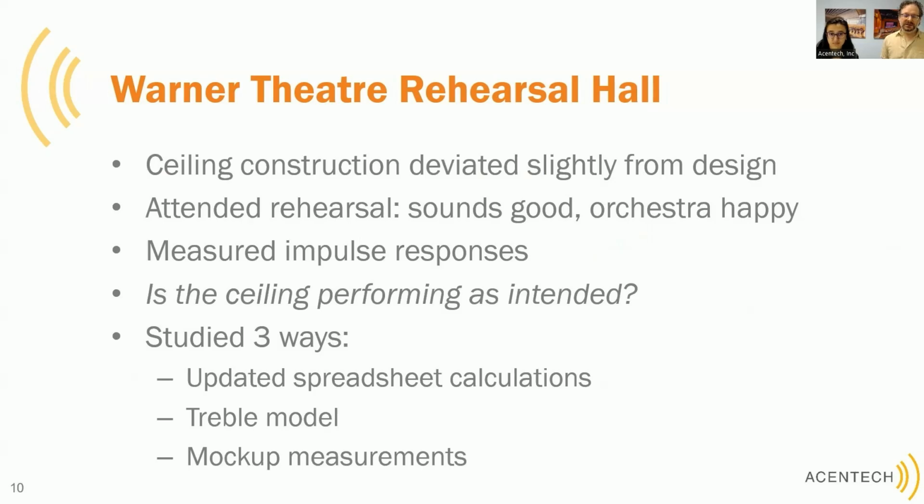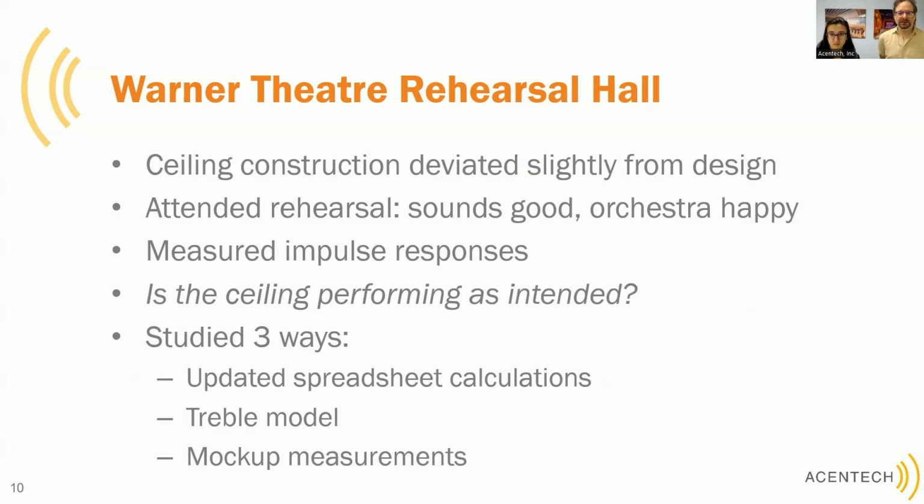Well, during construction, we learned that the ceiling construction was going to deviate slightly from design. That deviation was that the plywood panels were going to be placed farther away from the slats than we expected. We accepted that, thinking it would probably be okay, but marked it for study later. So that's really what this is about.